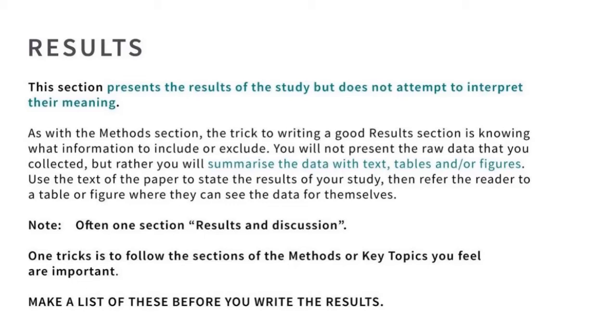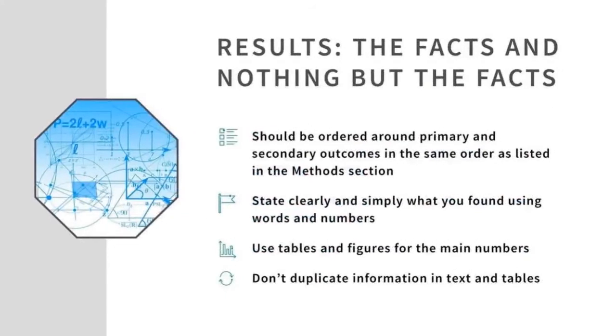Tell the reader the outcomes, the results, and of course, a picture is worth 1,000 words. If you can summarize the results of your study using a picture or a table rather than words, that's much better.